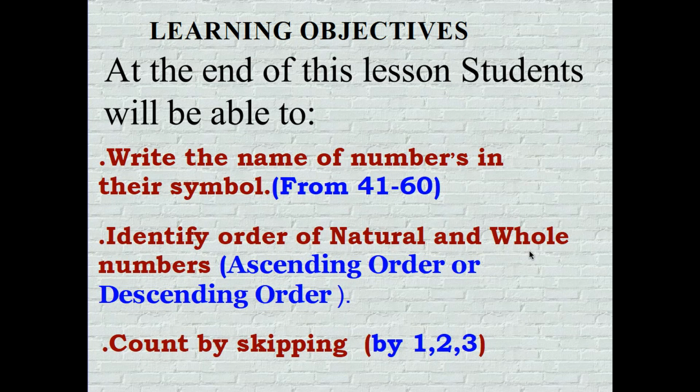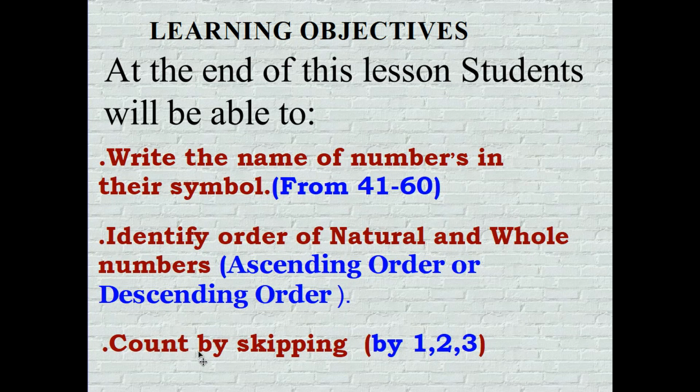Identify the orders in ascending and descending. We will see what you mean by ascending and descending. Ascending is in increasing order, descending in decreasing order. Arranging numbers either in increasing or in decreasing order, we call it ascending and descending.